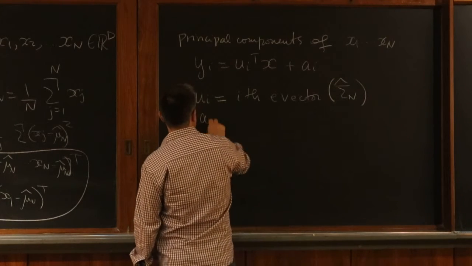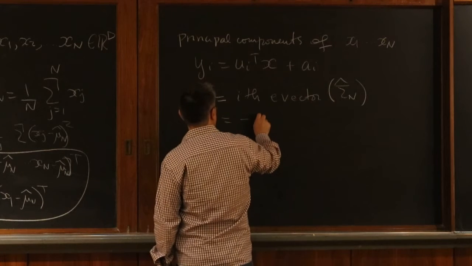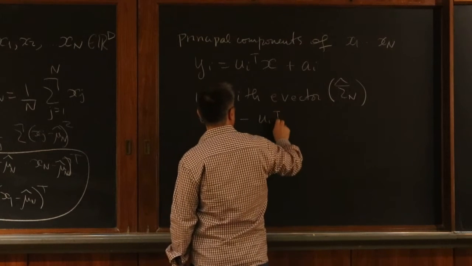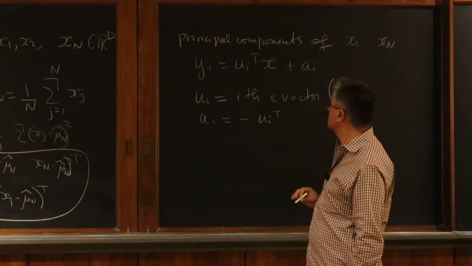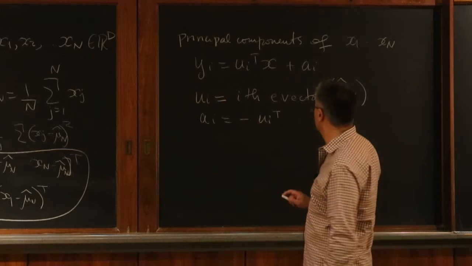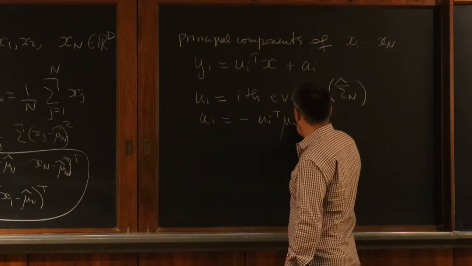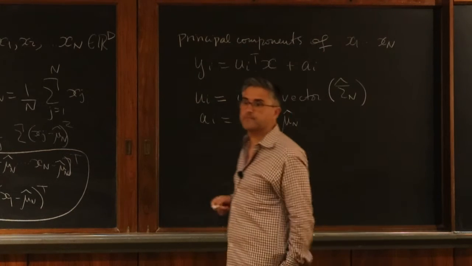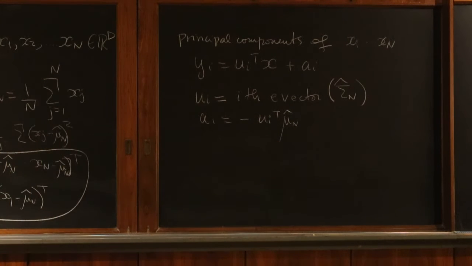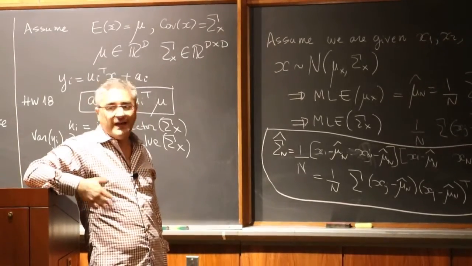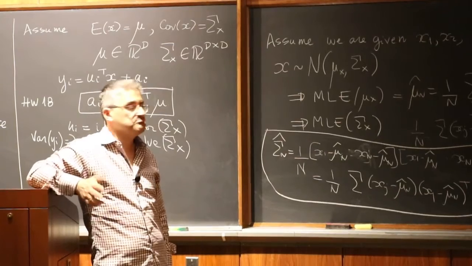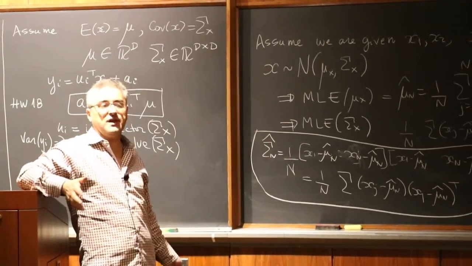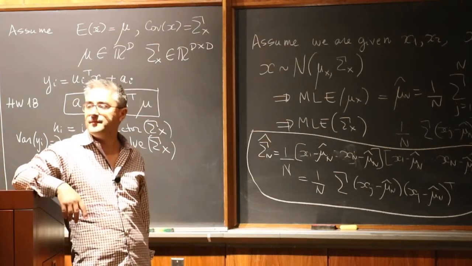And then a sub i is just as before, ui transpose times mu. So now this is something I can compute: you give me the data, I compute the mean, I compute the covariance, then I compute the eigenvectors, and then I'm done. Okay, is that clear?